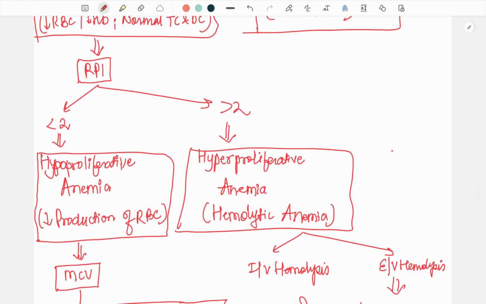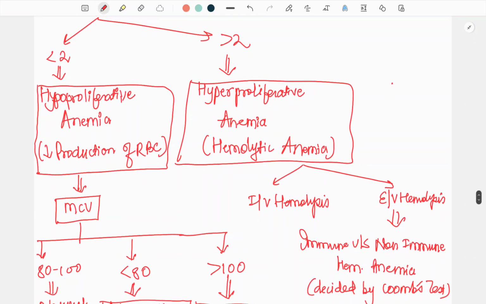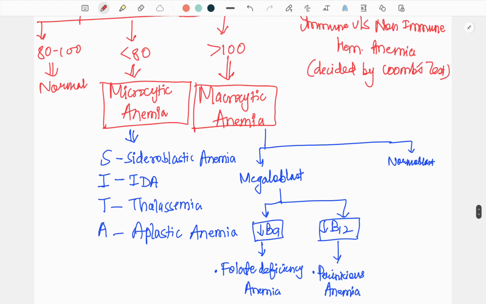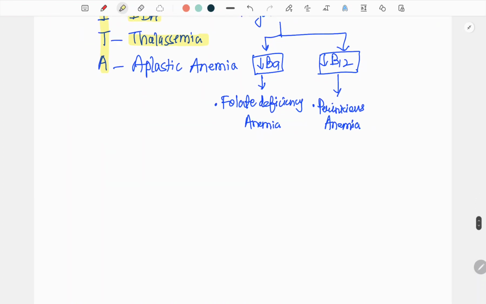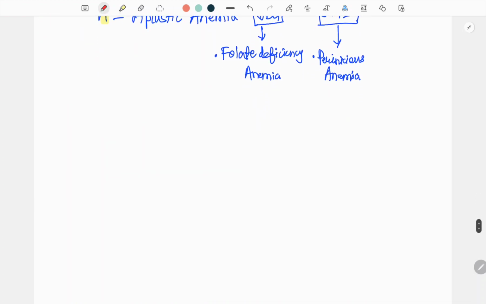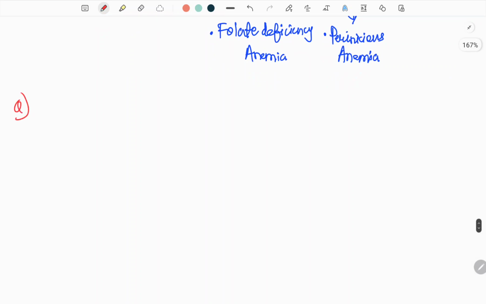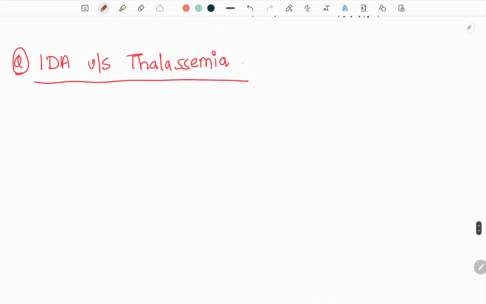If it is less than 2 or more than 2, accordingly we'll decide whether it is hypoproliferative or hyperproliferative anemia. Then we'll look for MCV. If it is less than 80, then it is a case of microcytic anemia. If it is a case of microcytic anemia, then there are 4 causes, but 2 very important causes: thalassemia and iron deficiency anemia. Now the question is how you will differentiate between iron deficiency anemia versus thalassemia. How will you differentiate between these two?